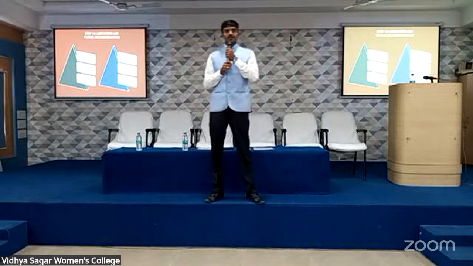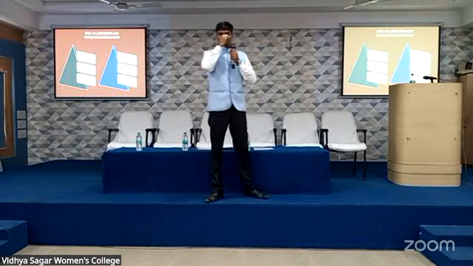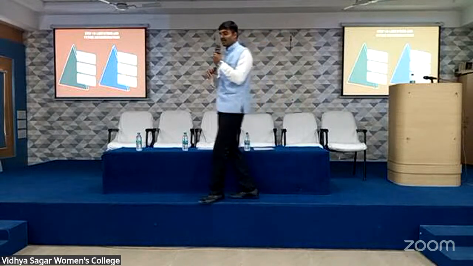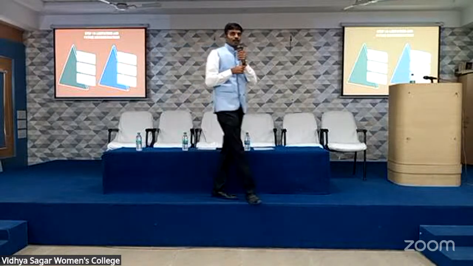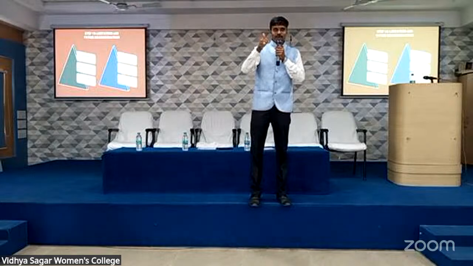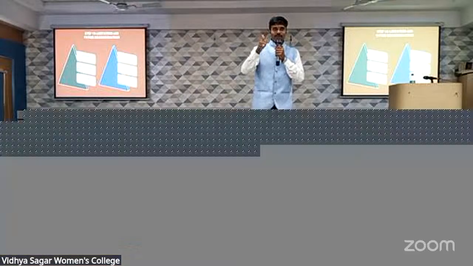Step number 5, scope of the study. Step number 6, frame objective. And step number 7, research methodology. Under research methodology, types of research.